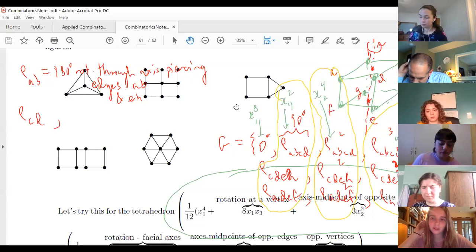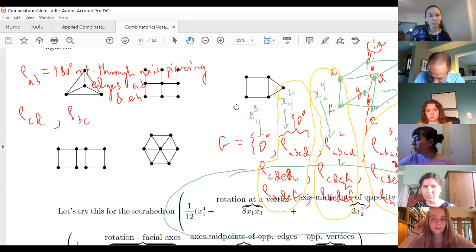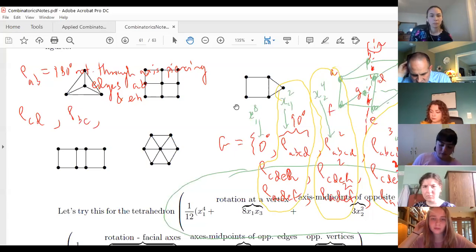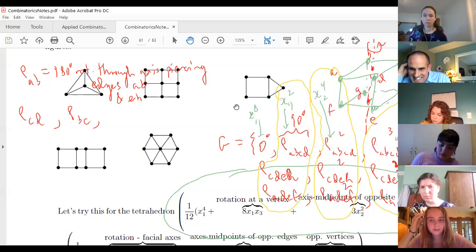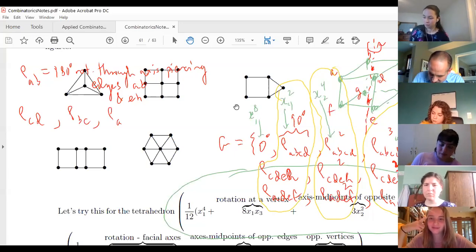You'd have row AD and row BC. Wait a minute, you had row BC, row AD. Sorry, I'm following the four edges on the top of the box. Oh, I see. They're not orderly. Got it.